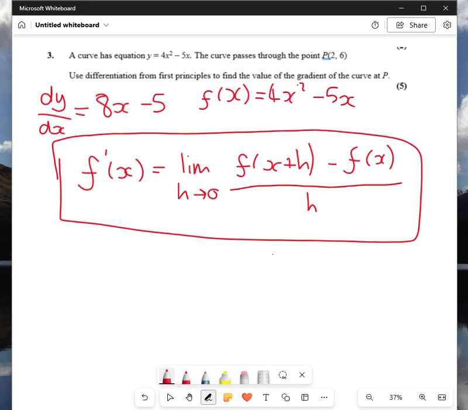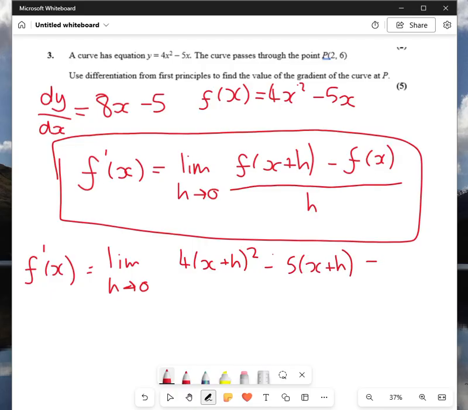So I'm going to write here f dash x equals the limit as h tends to 0 of 4 times (x plus h) squared, minus 5 times (x plus h), minus f of x, which is just 4x squared minus 5x, and that will all be over h. So that's the first step.